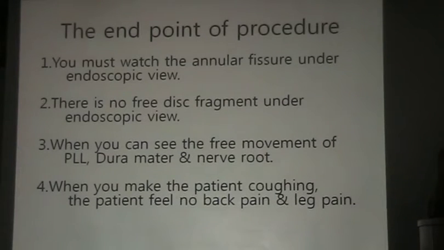When you can see the free movement of the posterior longitudinal ligament, dura mater, and nerve root, you can finish. And when you make the patient cough, and the patient feels no back pain and no leg pain, you can finish.